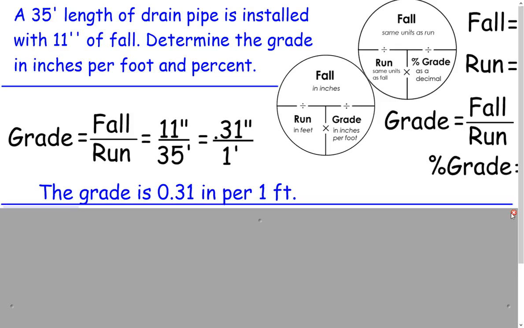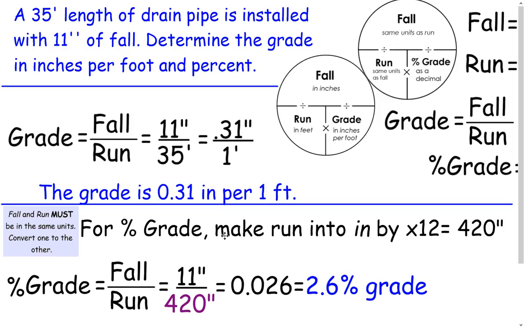For the percent grade, we need to make inches for the run, so we're just going to multiply the run of 35 feet by 12, and we get 420 inches. And we do fall over run again, 11 over 420 in this case. Before it was 35 feet, this time it's 420 inches, because that'll make the inches cancel out. And we get 0.026. If we multiply that by 100, we get 2.6% as the grade.